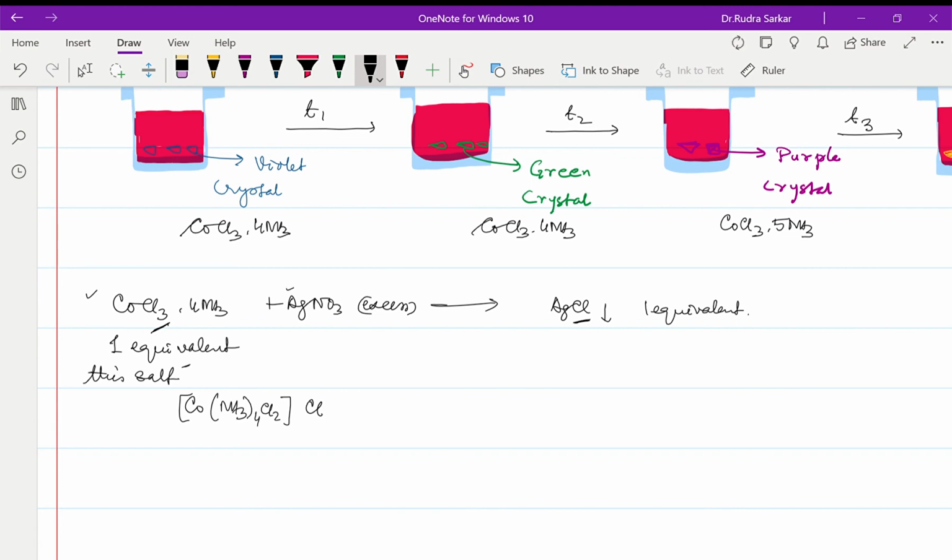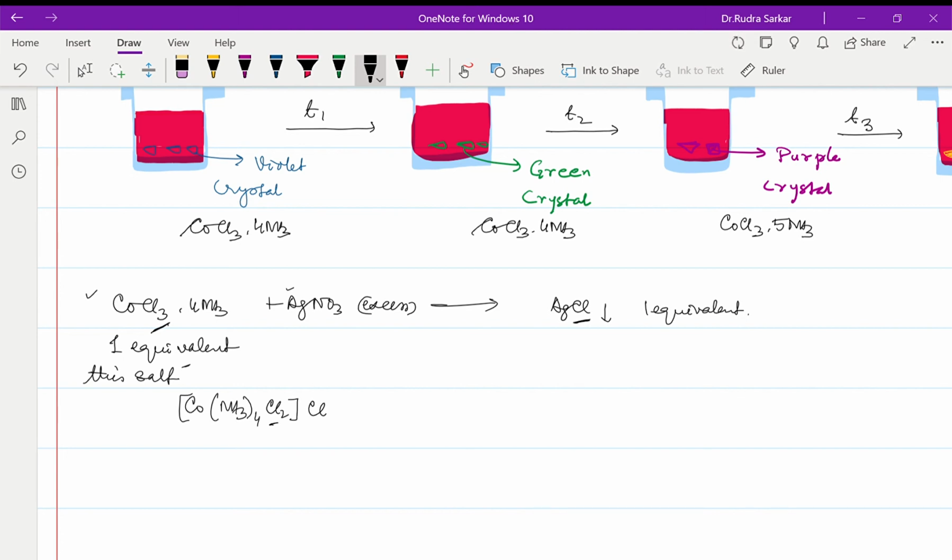That means that 1 chloride is free, that 1 chloride is outside. Technically, that chloride is outside the coordination sphere, or you will write it outside the third bracket. That is what he indicated.